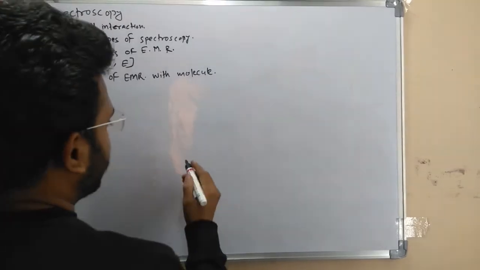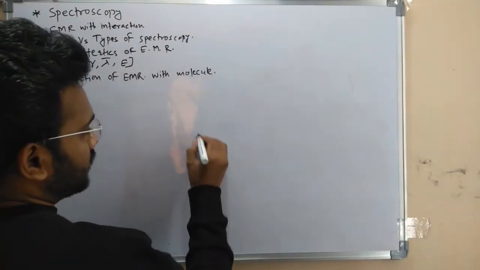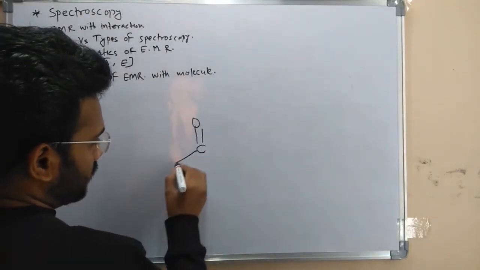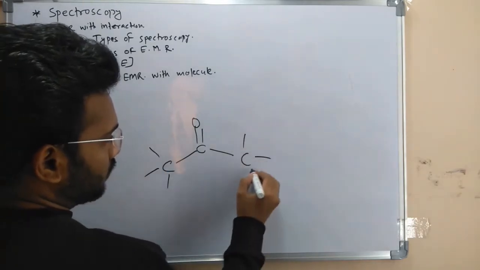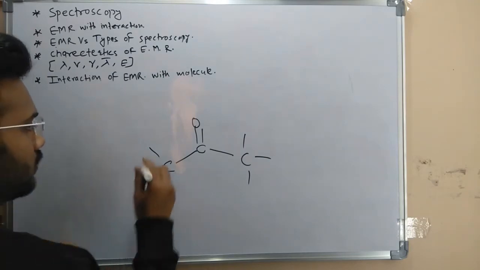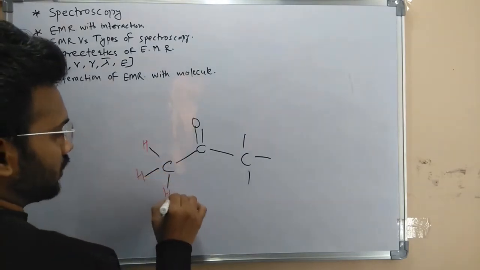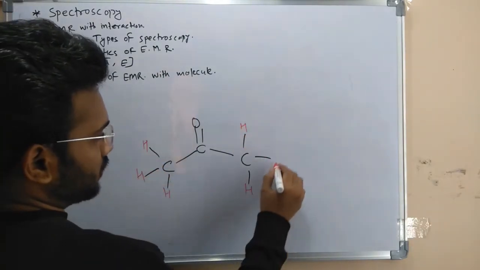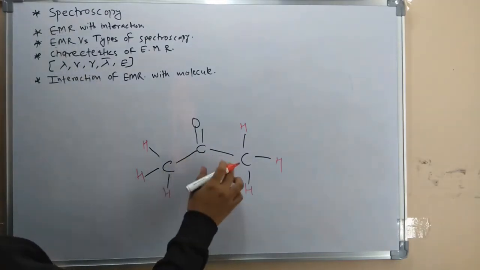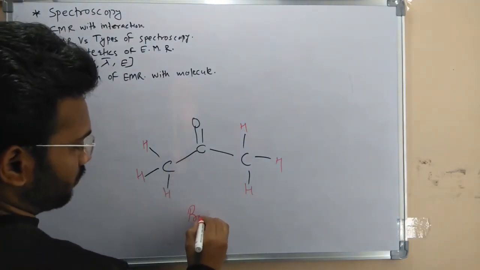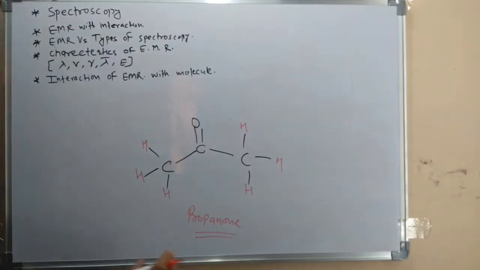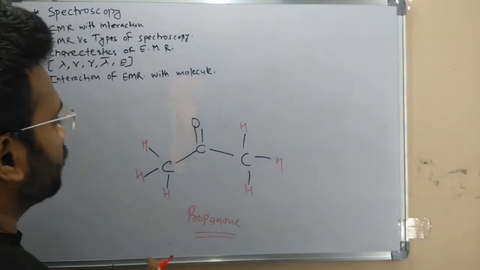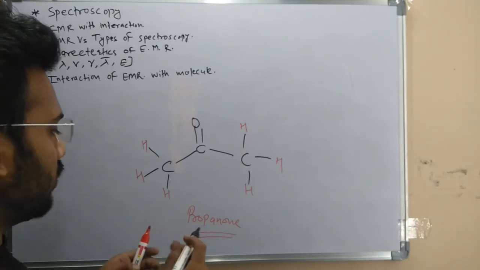Suppose we take an example: C double bond O, with CH3 groups on both sides. This is the structure of propanone, which is a ketone. By using this chemical structure, we try to understand the various aspects of spectroscopy.